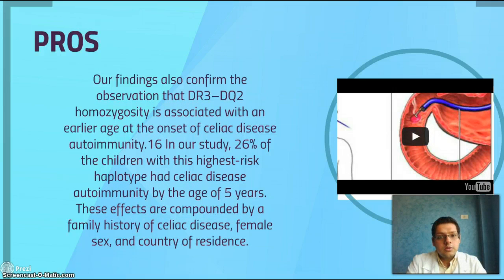Our findings also confirm the observation that DR3 DQ2 homozygote is associated with an early age at the onset of celiac disease autoimmunity. In our study, 26% of children with the higher risk allotype have celiac disease autoimmunity by the age of 5 years. These effects are compounded by a family history of celiac disease, female sex, and country of residence.